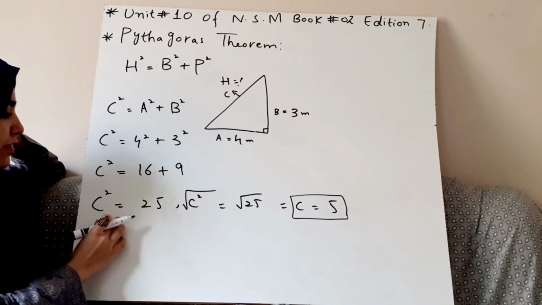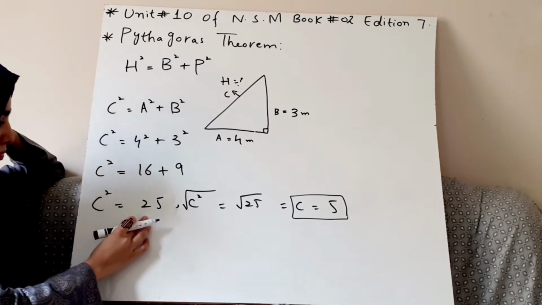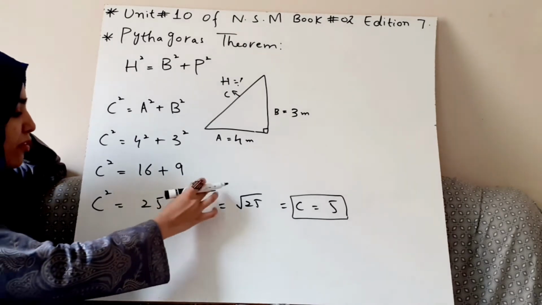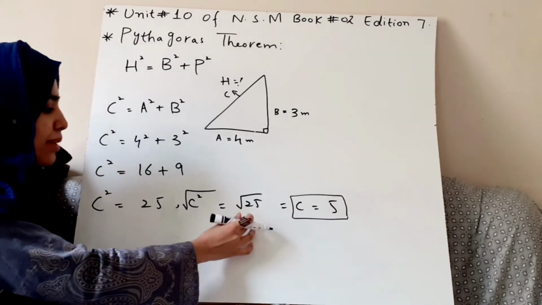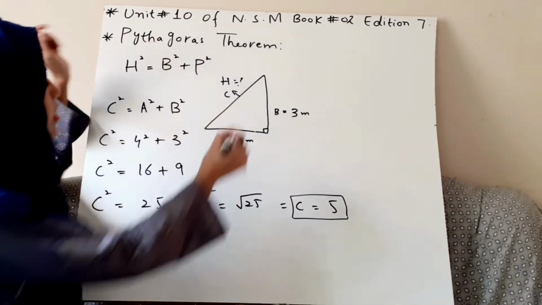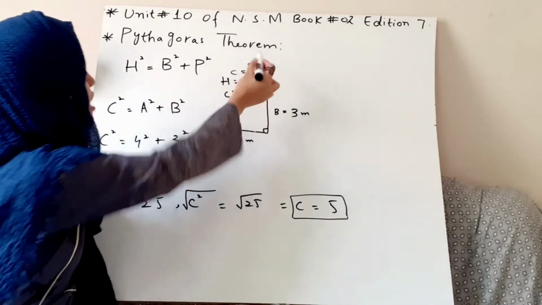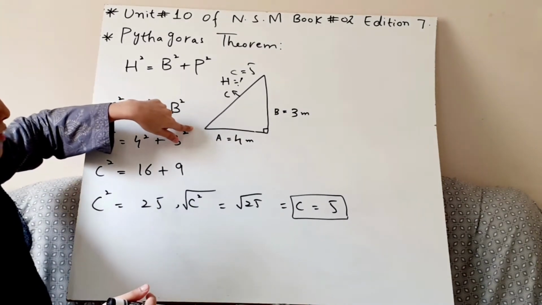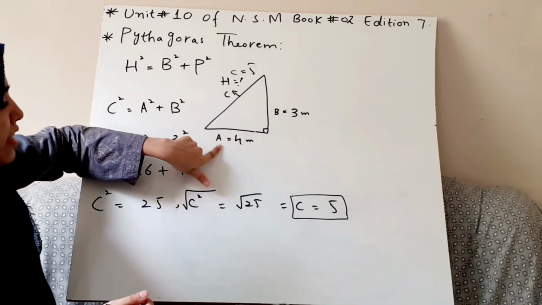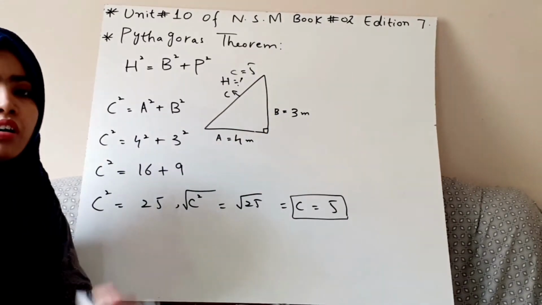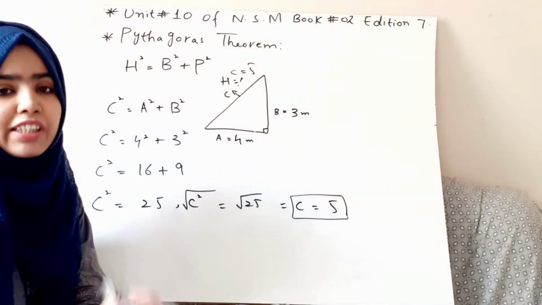And C square equals 25, 16 plus 9. And after removing the square, taking the square root, it will be C equals 5. So we have found this C, which is 5. We have found the longest side of this right angle triangle when we were given these two sides, one of this and second of this. So that is the description of Pythagoras theorem.